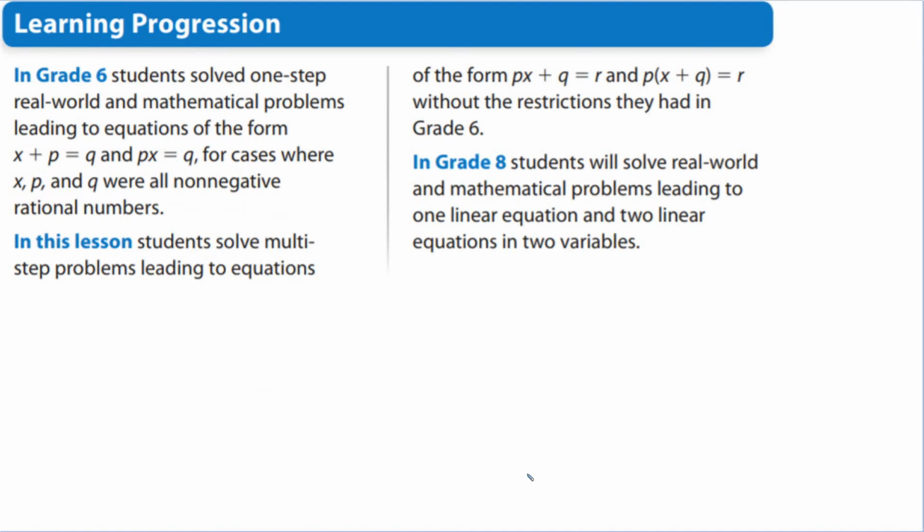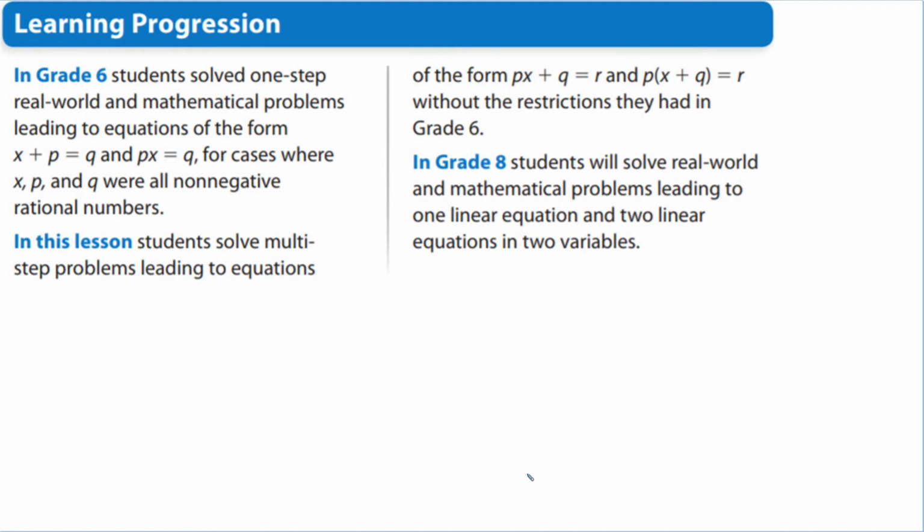The learning progression. In grade 6, students solved one-step real-world and mathematical problems leading to equations of the form x plus p equals q and p times x equals q, for cases where x, p, and q are all non-negative rational numbers.